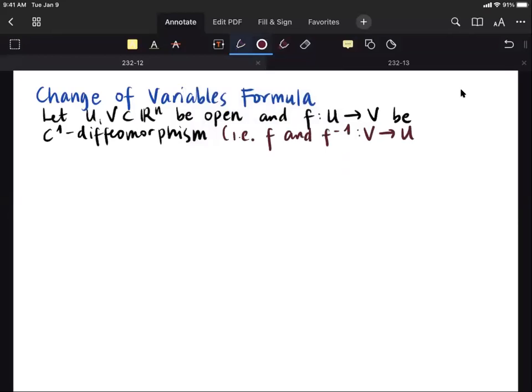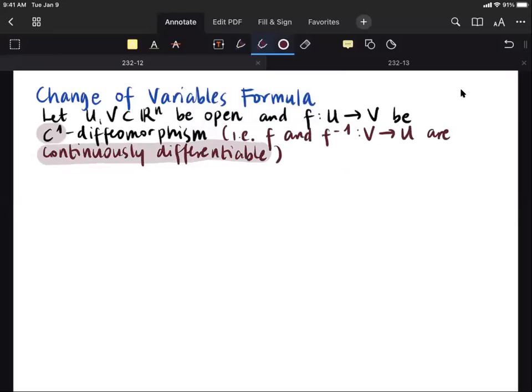And the inverse maps from V to U are continuously differentiable. So here C means continuous and 1 refers to the order of differentiability. And we only need the derivative to be continuous.